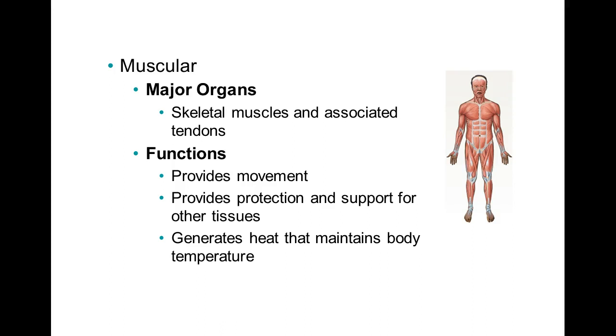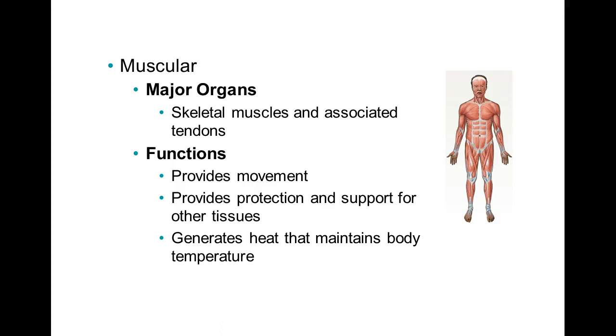Muscle system, and all of these systems you learn, you have an entire chapter, sometimes 2 or 3 chapters about in this particular semester. Muscle system, the biggest function is movement. So you have skeletal muscles and the tendons, the connective tissue that attaches muscles to bones, because it's muscles and bones together that create that movement.